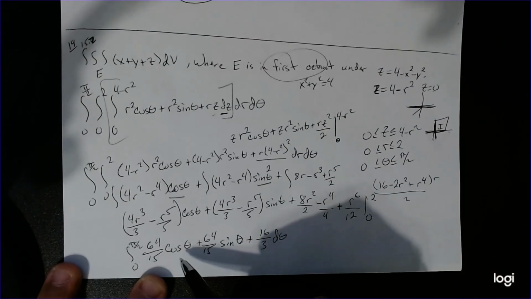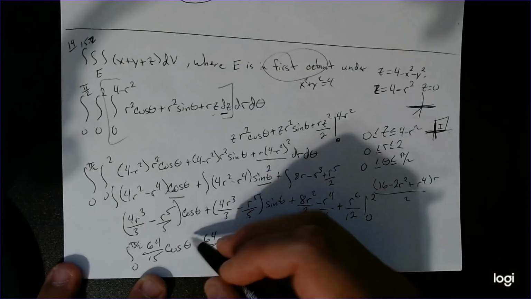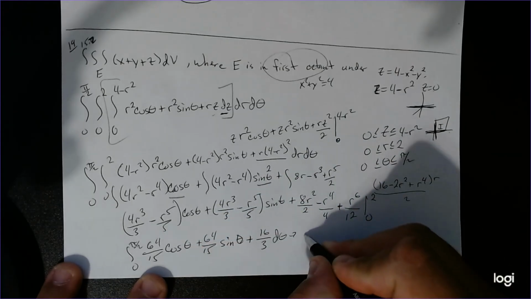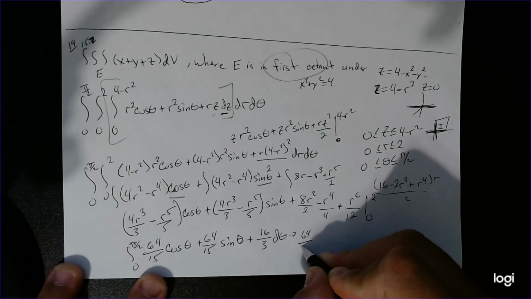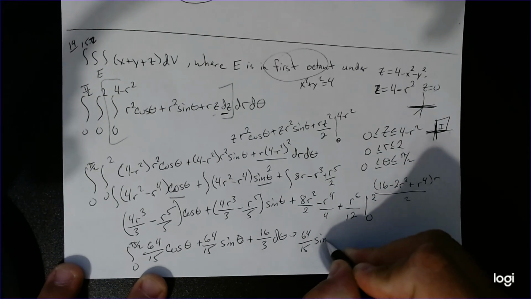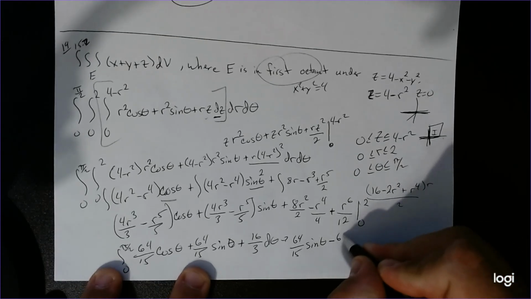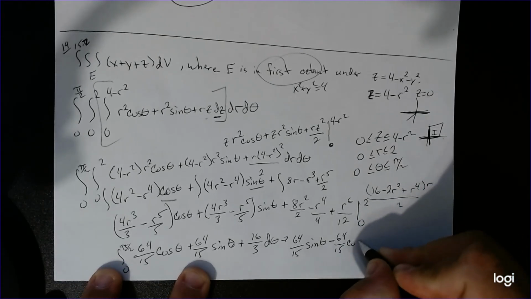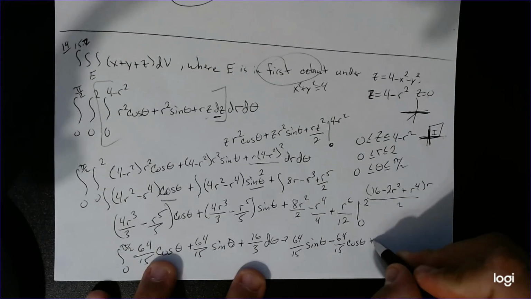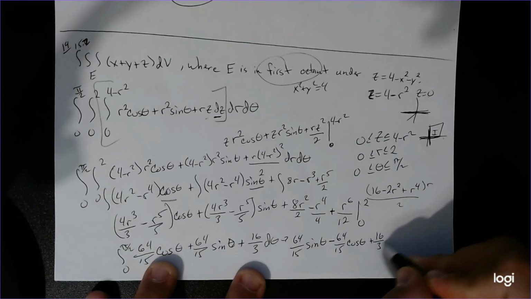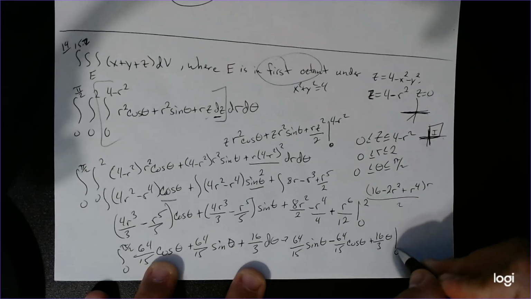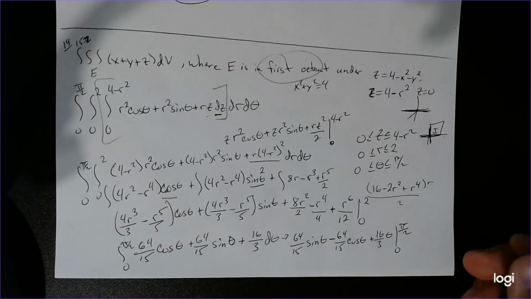So integral of cosine, I believe it is positive sine. Integral of sine is negative cosine. Should be opposites. And this is just going to be 16 over 3 pi theta from 0 to pi over 2.